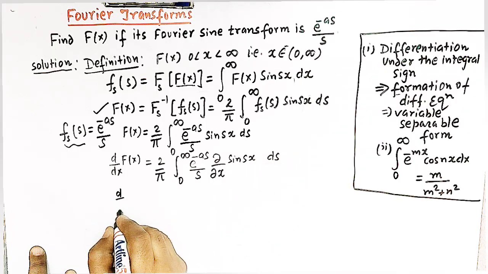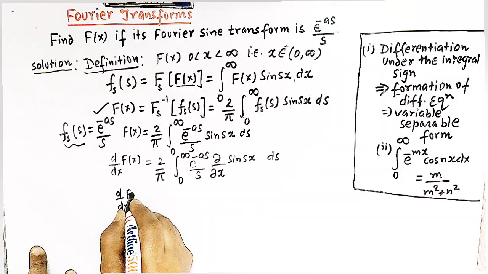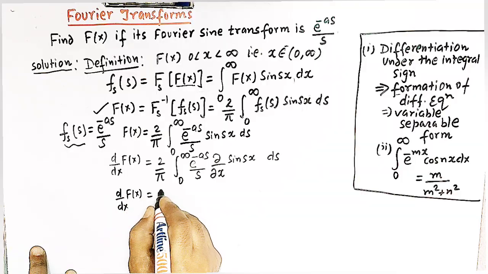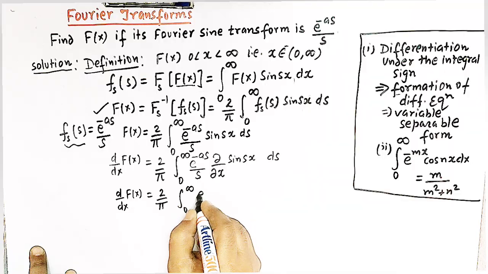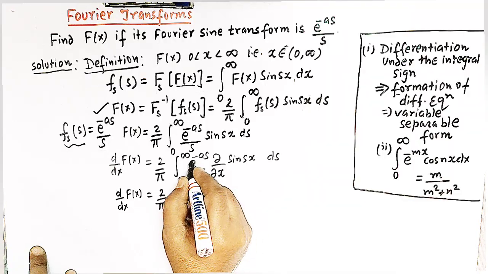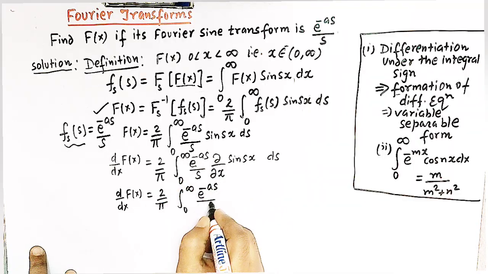So now we have d by dx of f of x equal to 2 over pi times the integral from 0 to infinity of e raised to minus as over s.